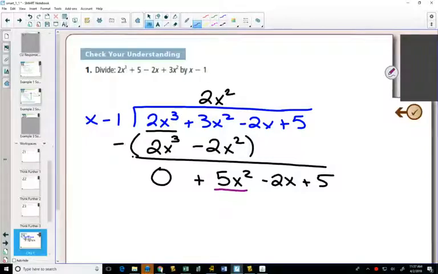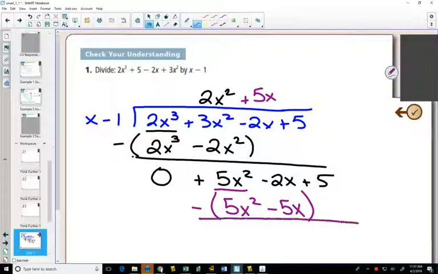You'd have to multiply by a 5x. So 5x times x, sure enough, we got 5x squared. And the 5x times the minus 1 would be minus 5x. Again, put it in brackets and subtract. And this is 0. Negative 2x minus a negative 5x will be plus 3x plus 5.